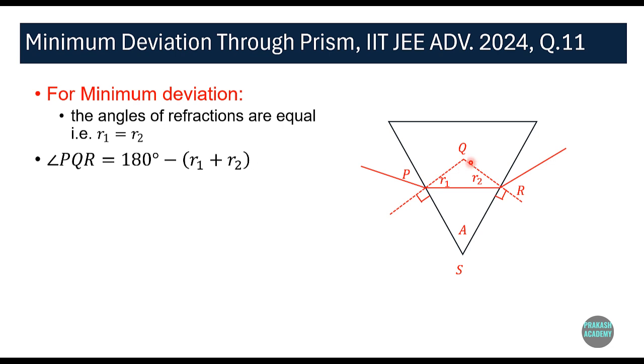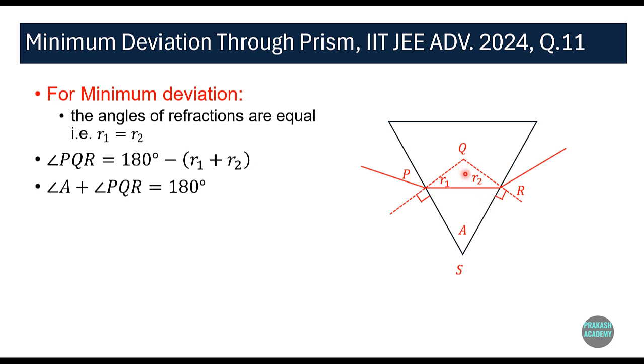Now, what about this angle? If you consider this triangle, the sum of all the angles is pi, that is 180 degrees. So, this angle is 180 minus the sum of this angle and this angle, that is R1 plus R2. Now, if you consider this quadrilateral, this angle is 90 because this is 90, this angle is 90, so this angle has to be 90. So, 90 plus 90, that is 180.